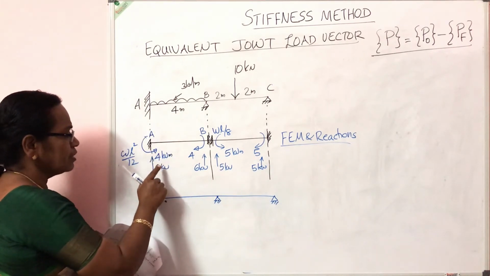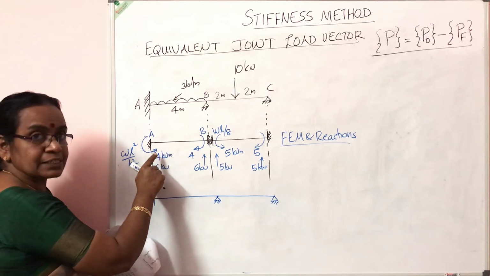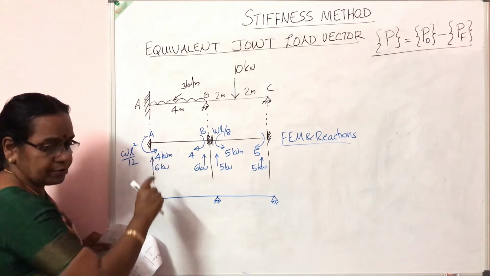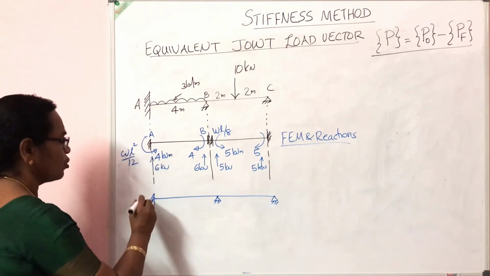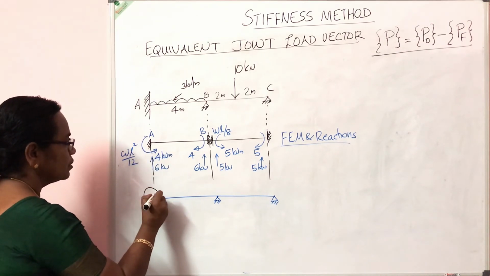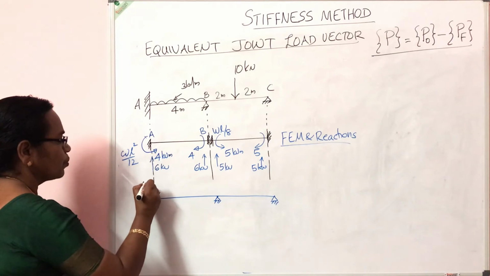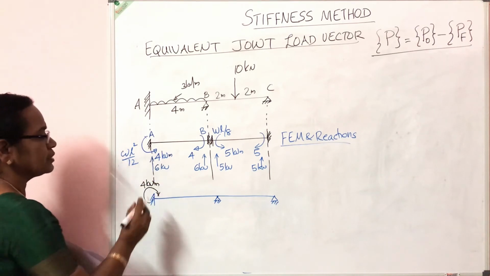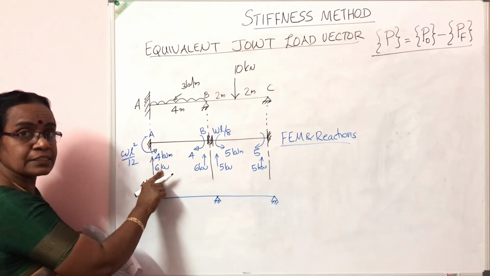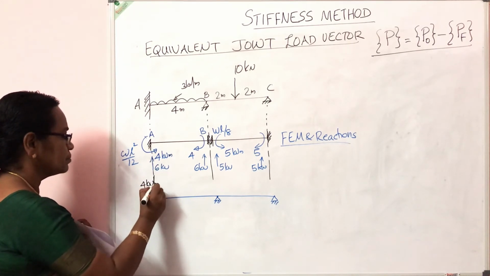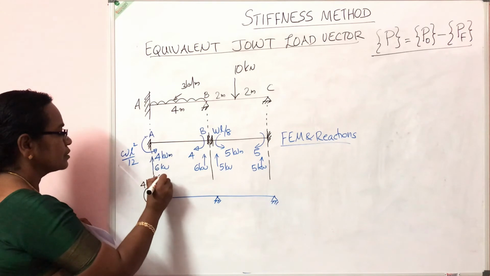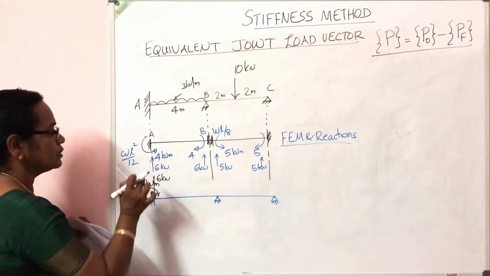Now this fixed end moment of 4 kN meter acting here is anti-clockwise. We apply just the reverse of it, clockwise 4 kN meter. This reaction 6 is acting upwards, so you apply it downwards, 6 kN downwards.